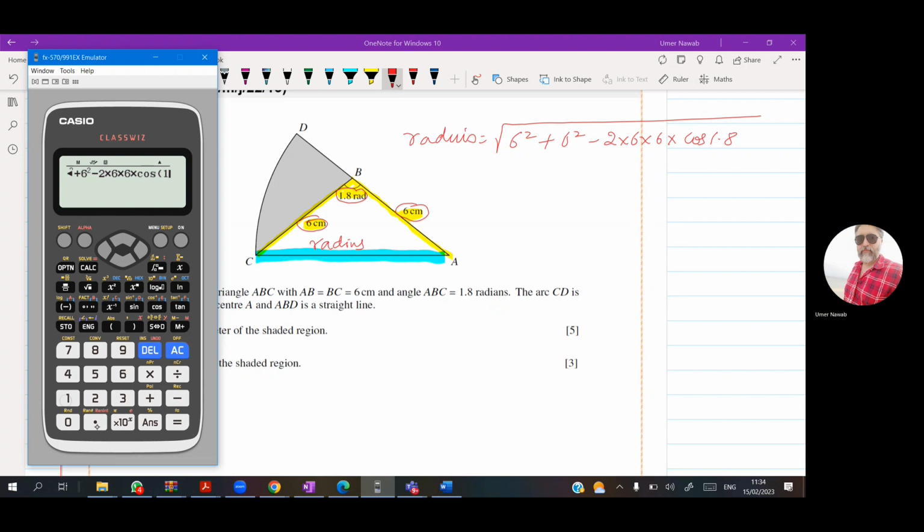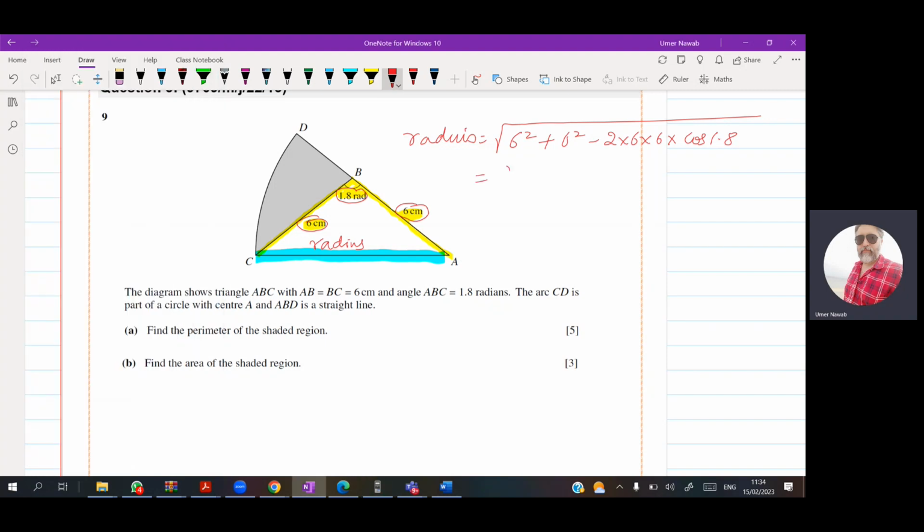Cosine of 1.8, and here you get the answer, 9.40. So the radius is 9.40.